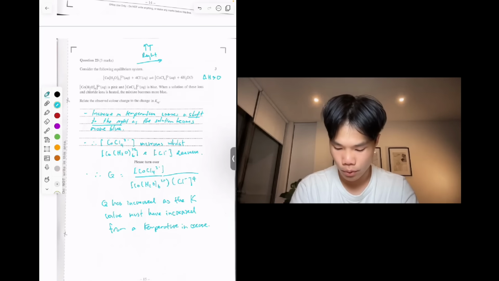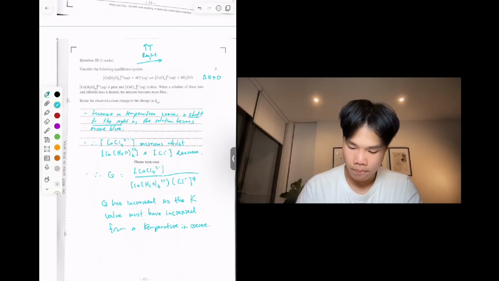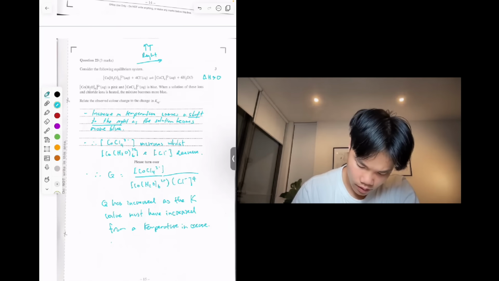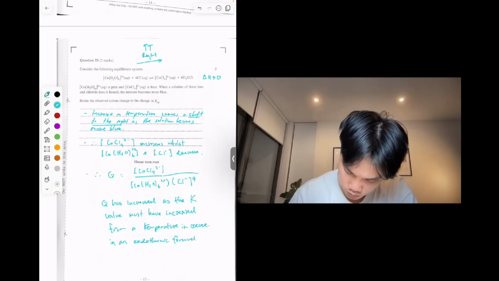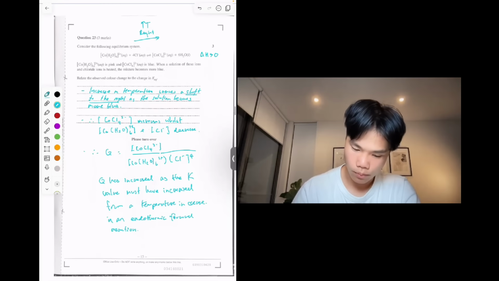That's only possible in endothermic reaction if you have increased temperature. So that all ties together nicely. And maybe you can just say at the end that from a temperature increase in an endothermic forward reaction. Cool. Question 23.